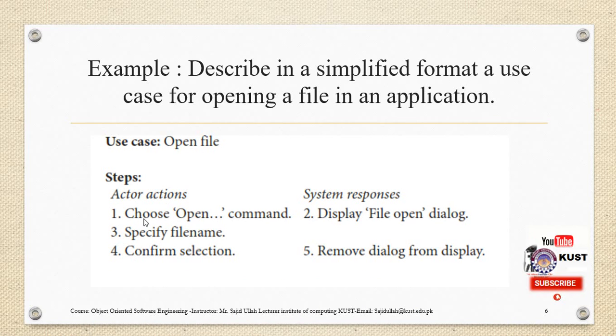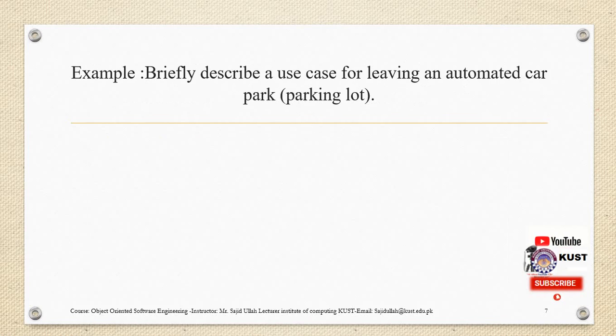So its name is open file, and the steps are: first, the actor will choose the open command. The system will respond by displaying the file open dialog box. The actor will specify the file name and confirm the selection. Then the system will remove the dialog box from the display.